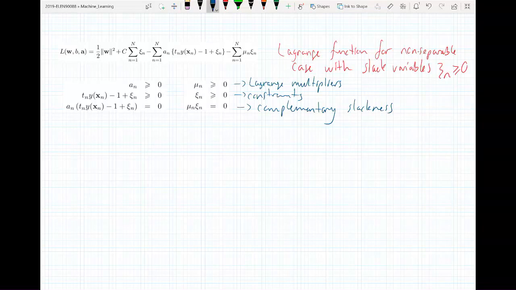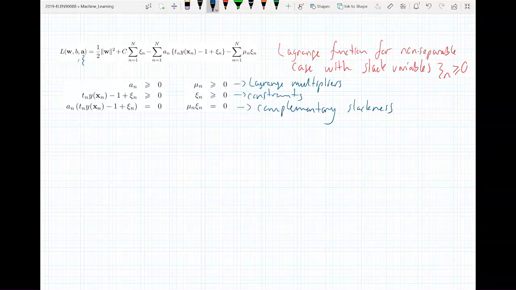The KKTs also need me to take the derivative with respect to the decision variables, right? In this case, we also have the psi here as a decision variable. Actually, A is there too, but we need to also add psi, the slack variables, to the mix.